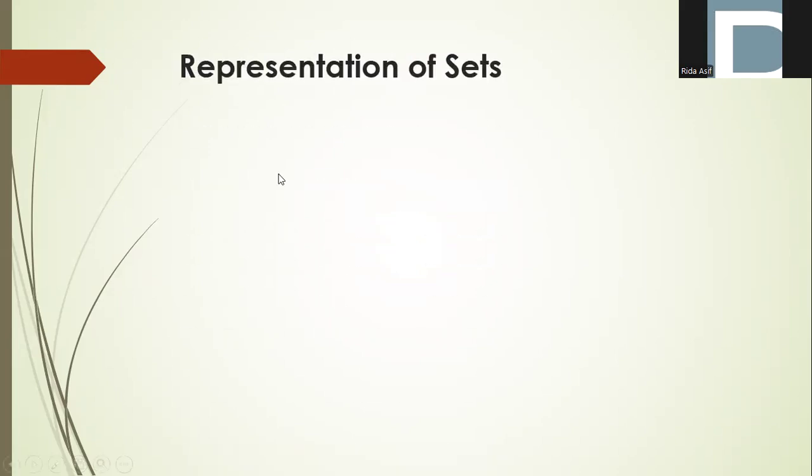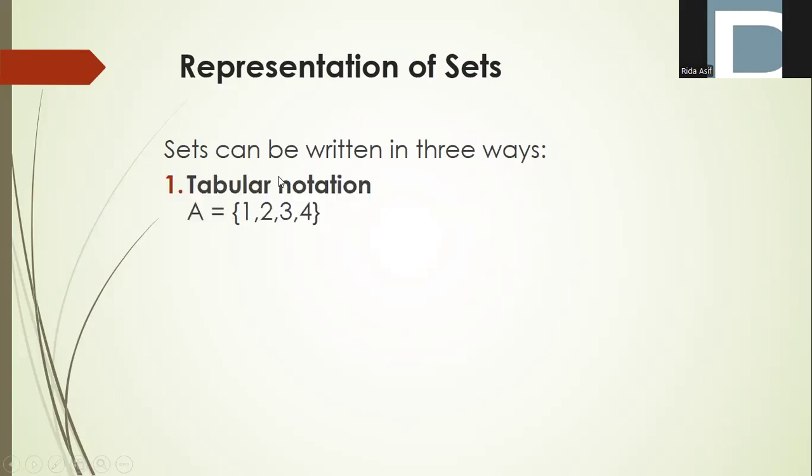How to represent a set? A set can be written in 3 ways. Number 1, tabular, or we can say roster form. In tabular form, we have to write a set in the way that all the elements are separated by commas and enclosed within curly brackets. So this form is called the tabular form.